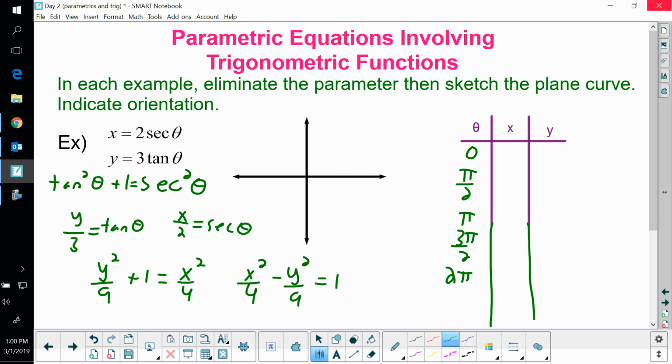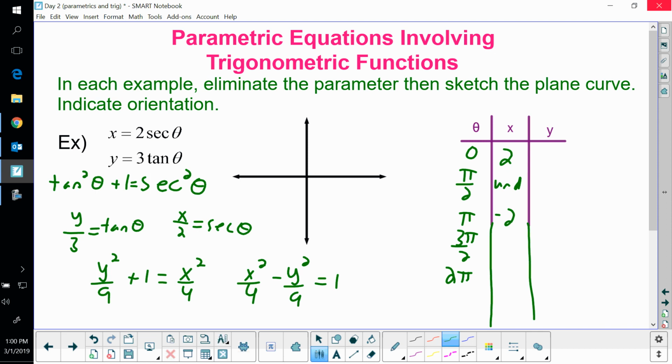So if we work with the x, which was the secant, keep in mind secant is 1 over cos. So cos at 0 is 1, so the reciprocal of 1 is itself, so we just get 2. But at pi over 2, cos is 0, so its reciprocal would be something over 0, which is undefined. When we put in pi to cos, we'll get negative 1, so its reciprocal is negative 1, we'll get negative 2.